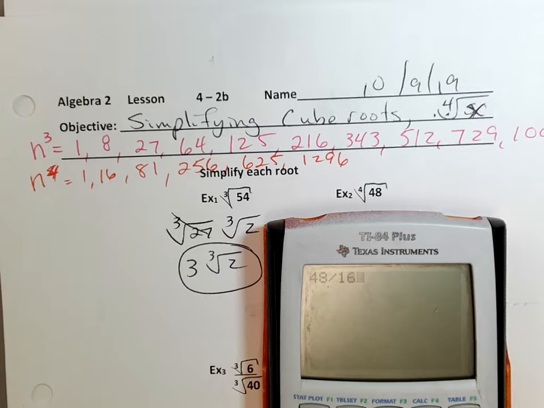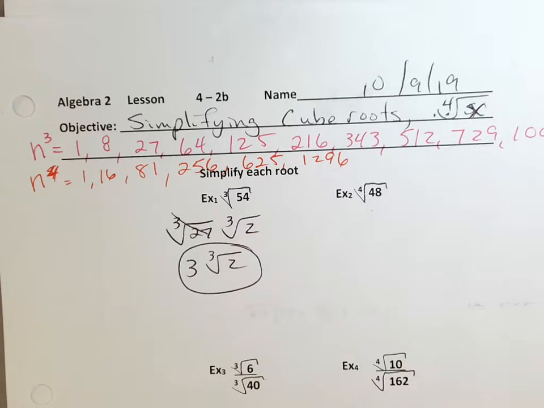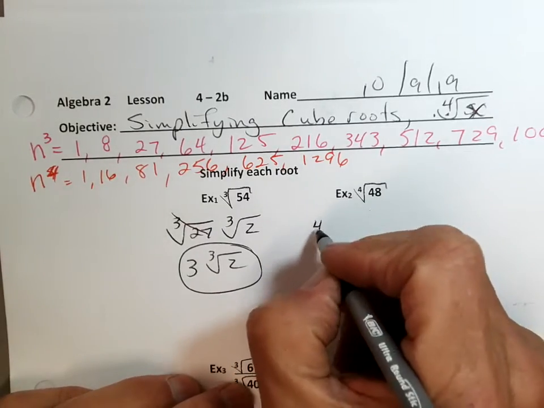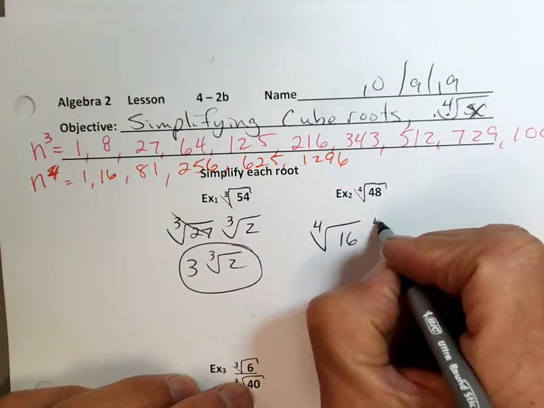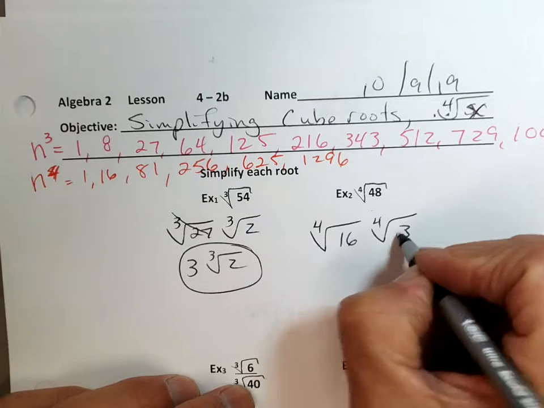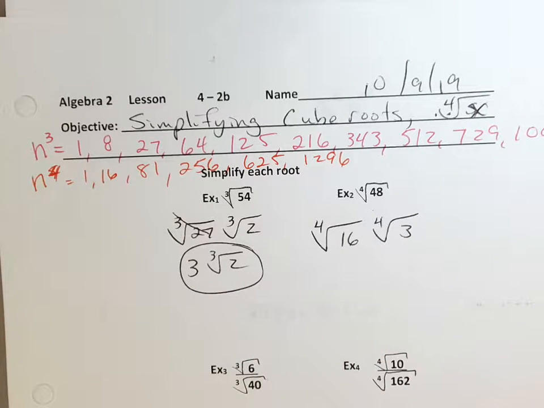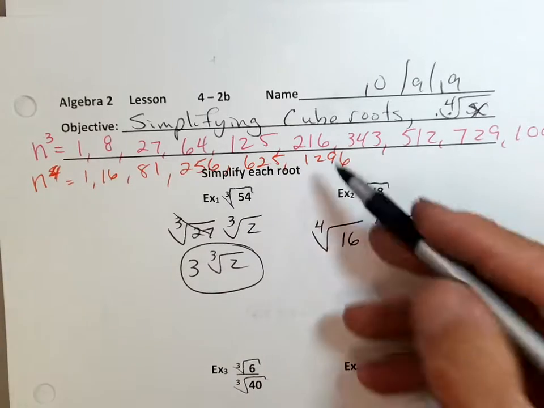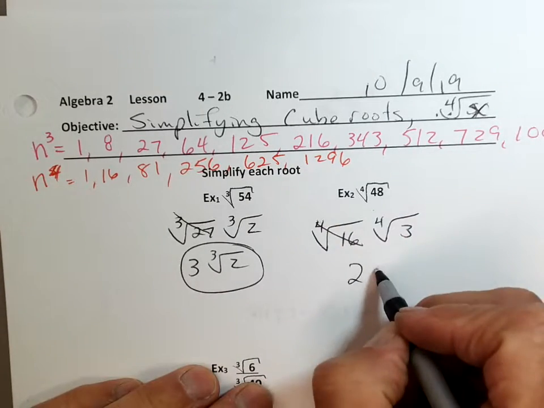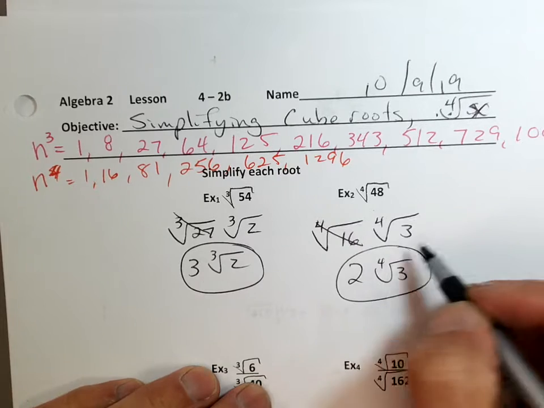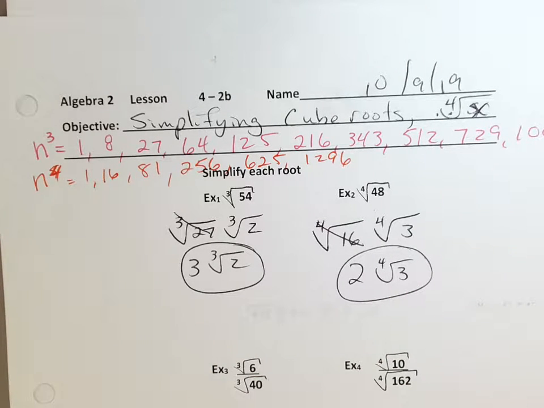If it goes in evenly, we're going to use it. Sure enough, right? So let's go, the fourth root of 16 times the fourth root of 3. And the fourth root of 16 is not 4, it's 2, right? So we get a 2 times the fourth root of 3. How's that?